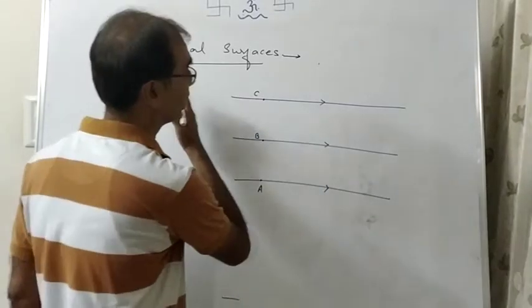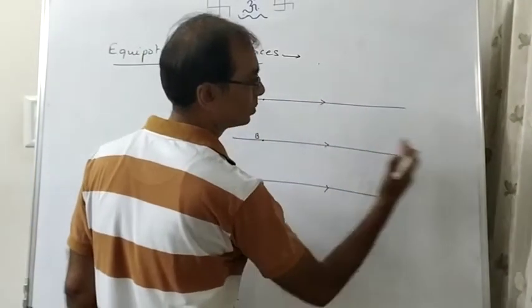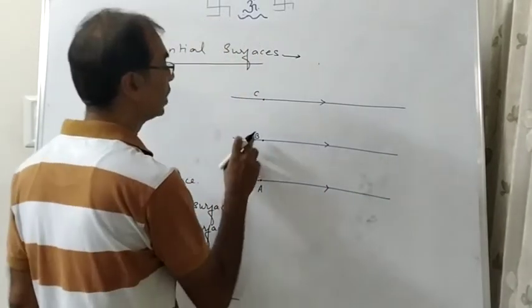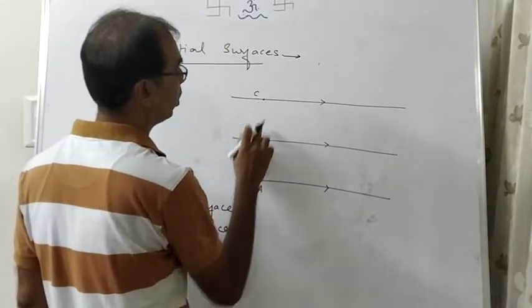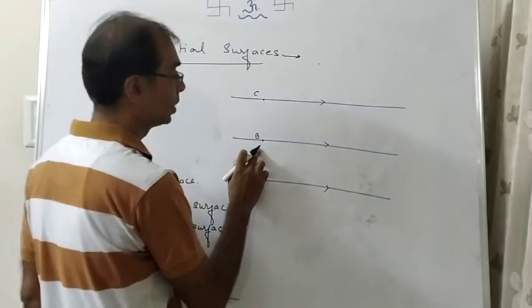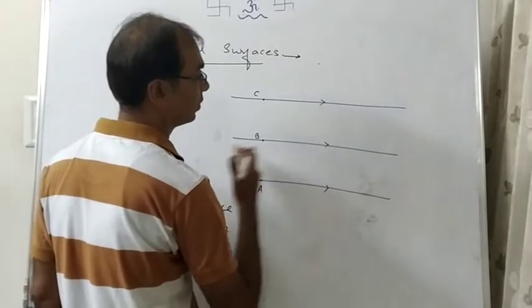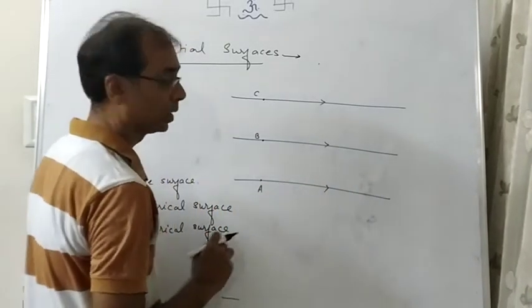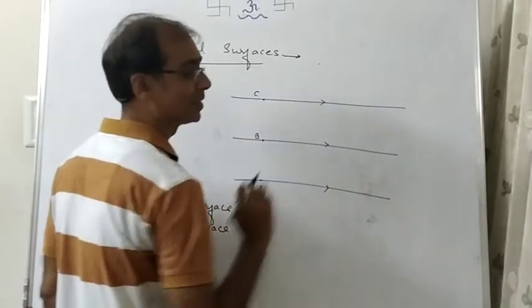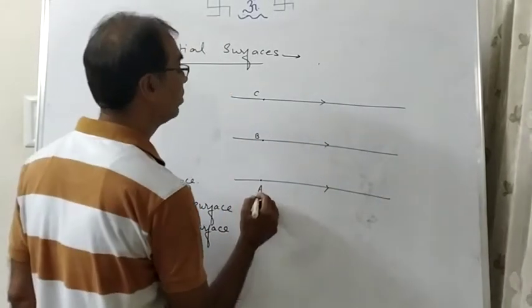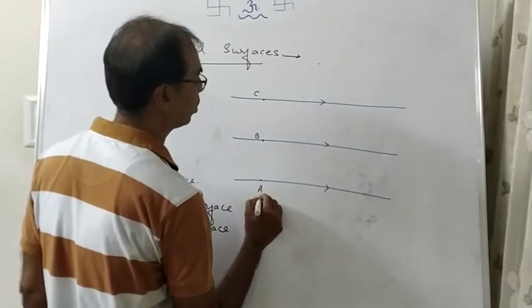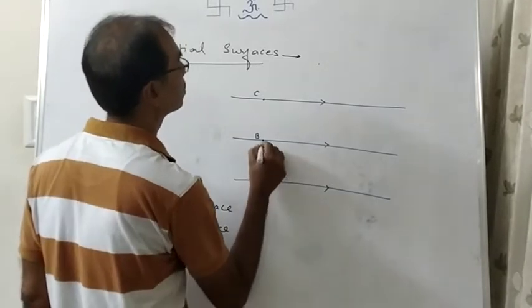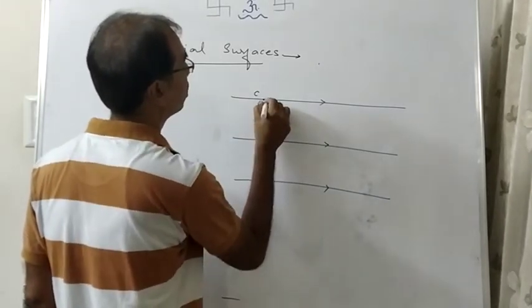The electric field is moving from here to here. All these points are perpendicular to the electric field, and since the electric field is along the x-axis, they have the same x coordinate. If I say the x coordinate of this is 1, then its x coordinate is also 1, and its x coordinate is also 1.